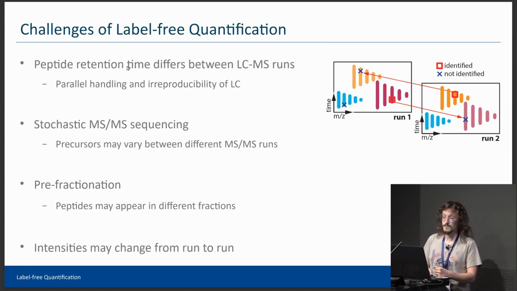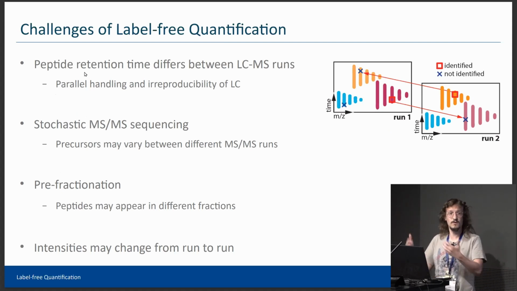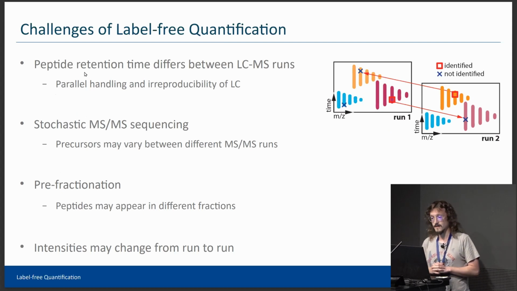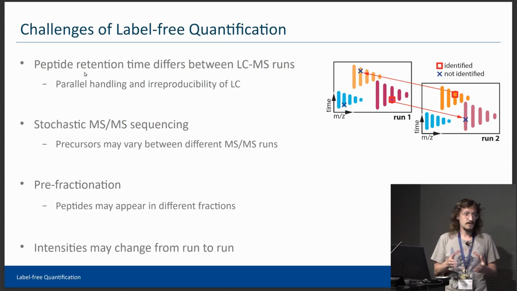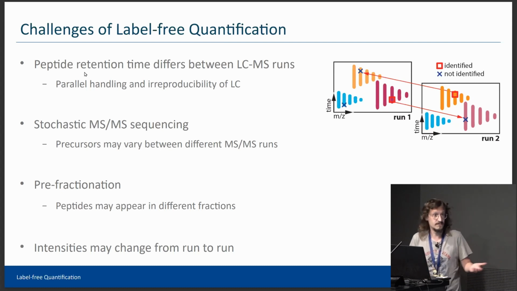For example, we have different retention times between all the different runs that we do, as you can imagine. Retention time changes, so this will affect the data you get. Every time you do an MS run, you're not sure that for MS2, you will take the same precursors. It could normally happen because you're running different MS runs.